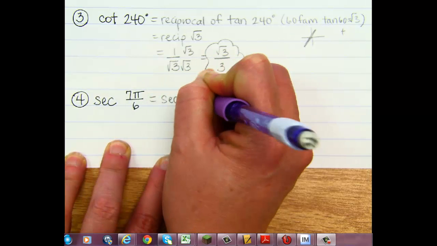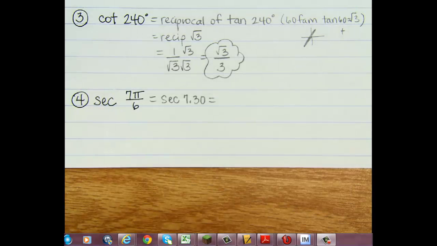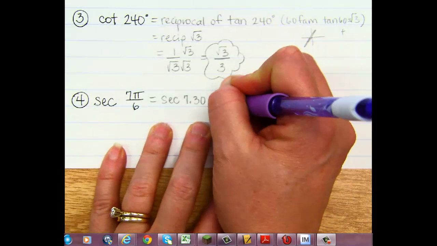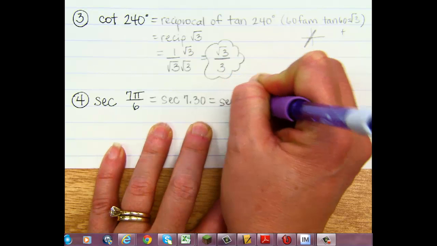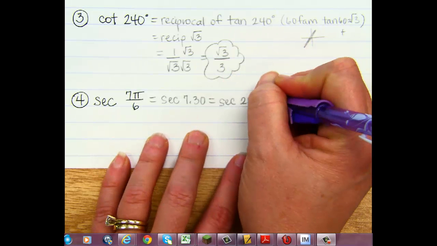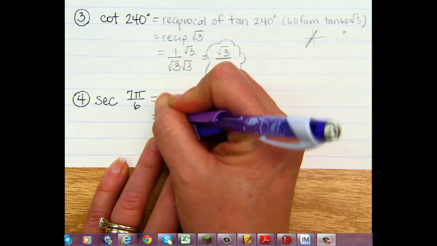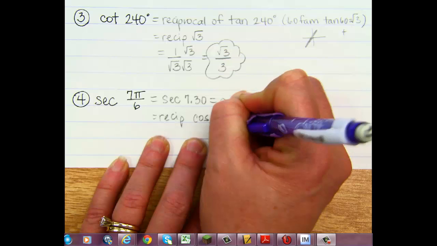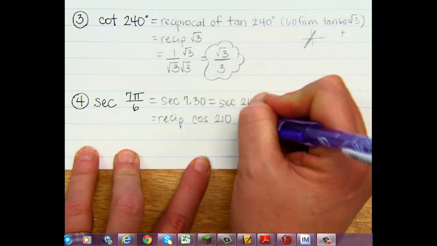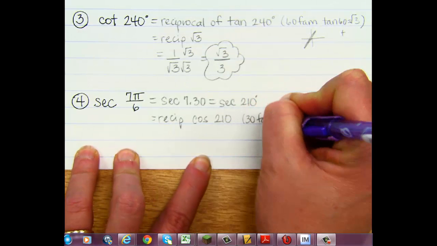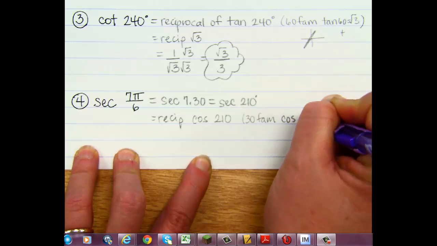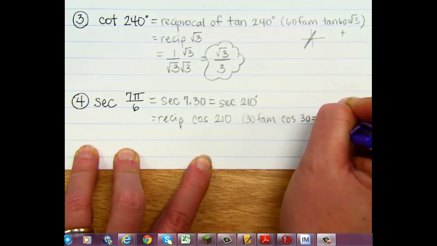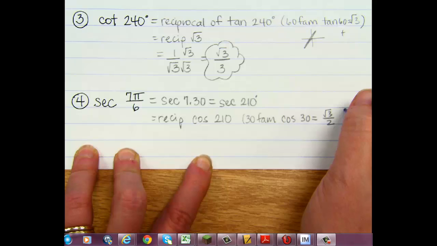Okay, secant 7 pi over 6. Well, that's the same as the secant of 7 times 30, or 210 degrees. Pi over 6 is 30 degrees, 7 times that is 210. So we need the reciprocal of cosine 210 degrees. 210 is in the 30 family. Cosine of 30 is root 3 over 2. 210 degrees is in quadrant 3.